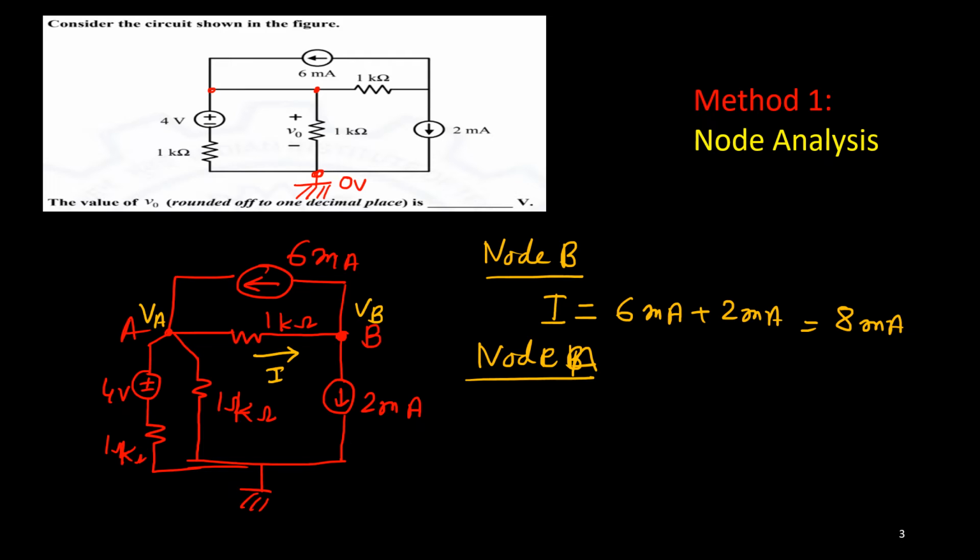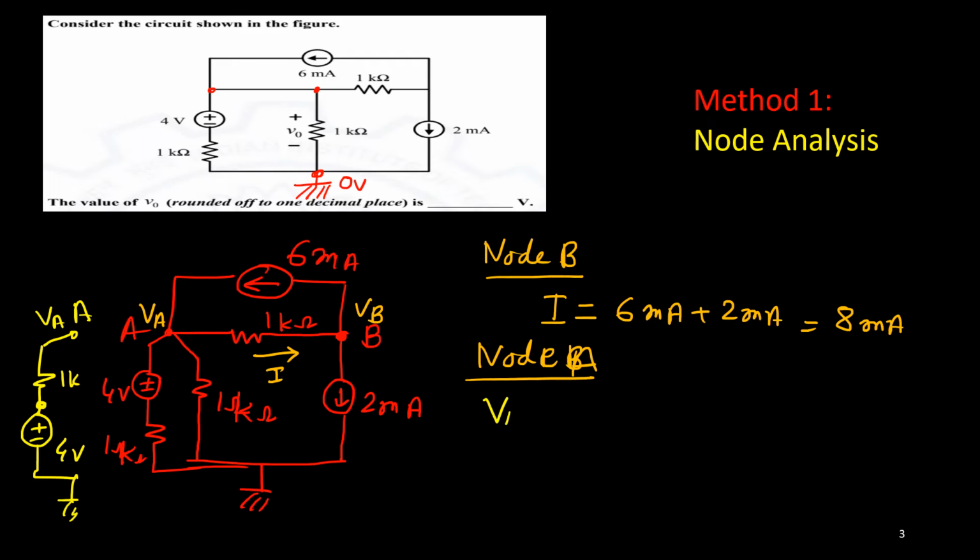Remember, in the same circuit this is node A, so I can put the resistance first and then this source. Same thing, and this is grounded. So this is your 4 volt, this is your VA, this is 1K. So the potential is 4 volt, and VA minus 4 upon 1K is the current through this branch.